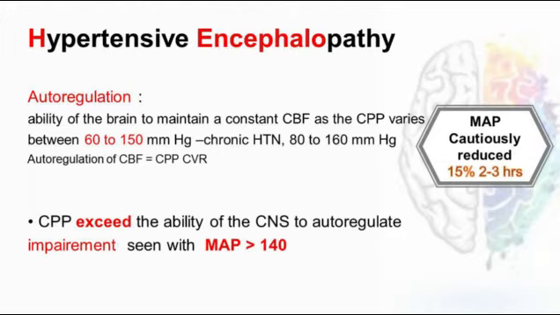If the cerebral perfusion pressure exceeds the ability of the CNS to autoregulate, impairment will happen if the MAP is more than 150. So the target MAP should be reduced 15% within 2 to 3 hours, not within 1 hour. In hypertensive encephalopathy, the MAP should be cautiously reduced 15% over 2 to 3 hours because of the autoregulation.